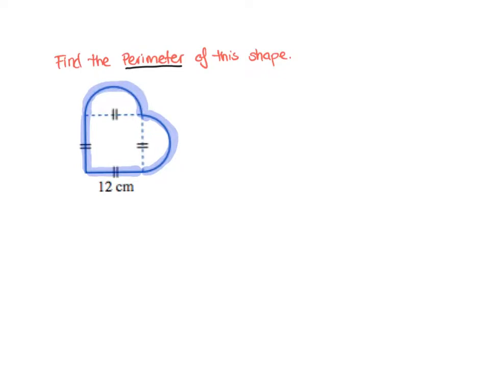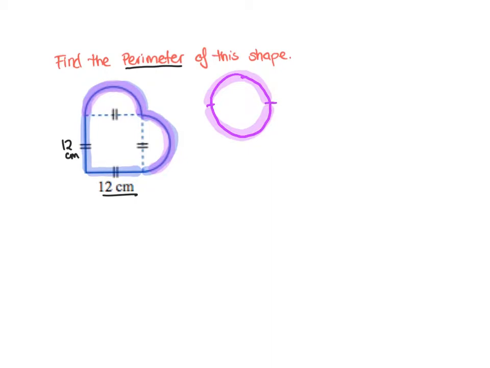They've told me where the two lines is, that this is 12 centimeters, so I know that this is 12 centimeters too. Now with this curve part, we might have to look at that a bit differently. If I had that curve bit and that curve bit, and I added them together, you can see we end up getting a circle. And we want to know the length of those two bits there.